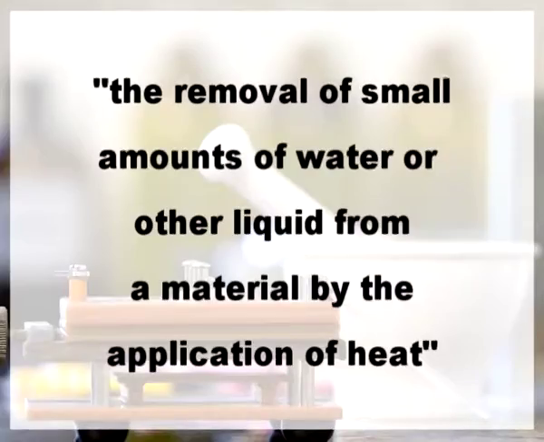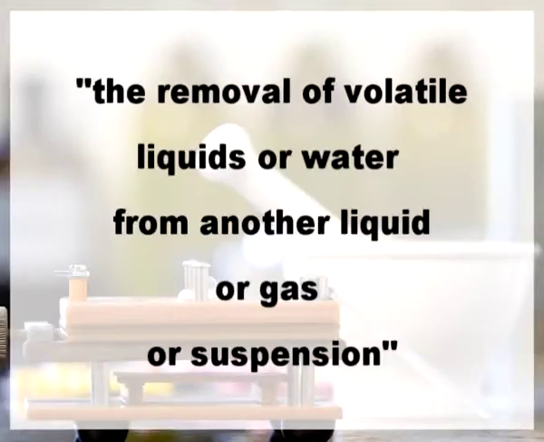Drying is defined as the removal of a small amount of water or other liquid from a material by the application of heat. It also includes removal of volatile liquids or water from another liquid or gas or a suspension.